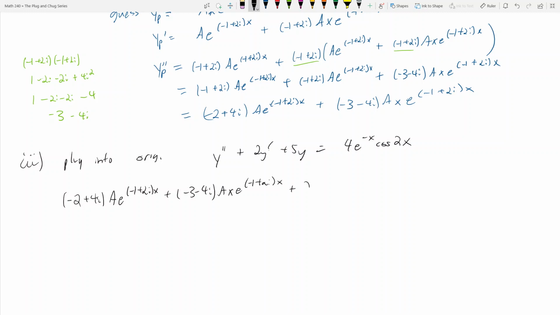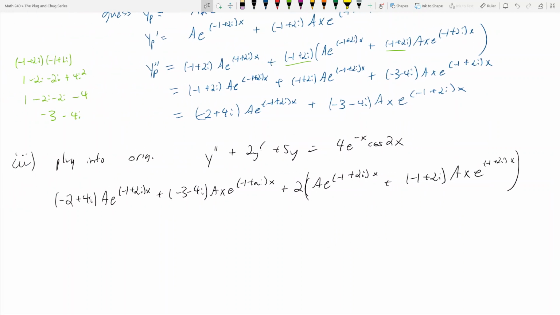All right, plus 2 times yp prime, which is 2 times [a e to the (-1 + 2i)x plus (-1 + 2i) a x e to the (-1 + 2i)x]. Okay, so that's a big parentheses there.